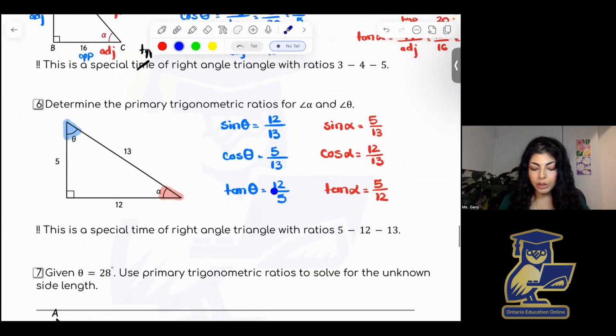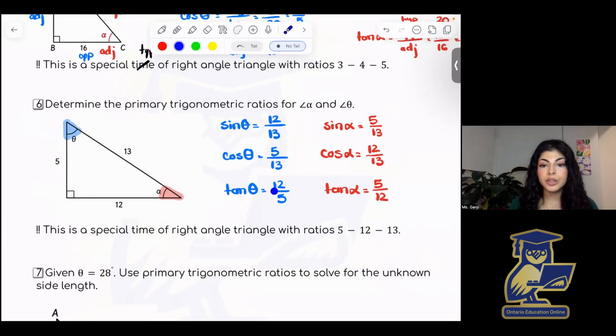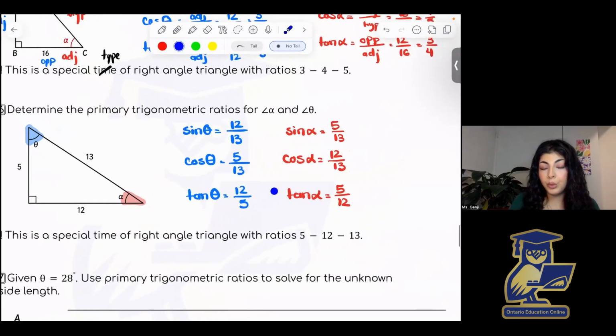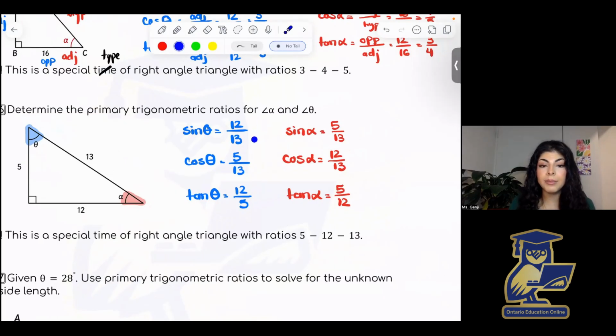And one thing I'm going to note as well, trigonometric ratios don't actually have a unit. They're a ratio because consider this to be centimeters. So if you have 12 centimeters divided by 13 centimeters, the centimeters simplify or cancel each other out. So then you're only left with the ratio of 12 over 13.